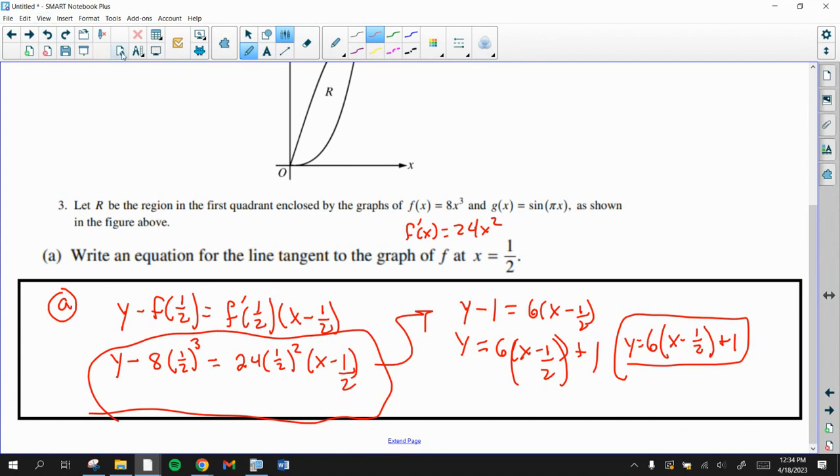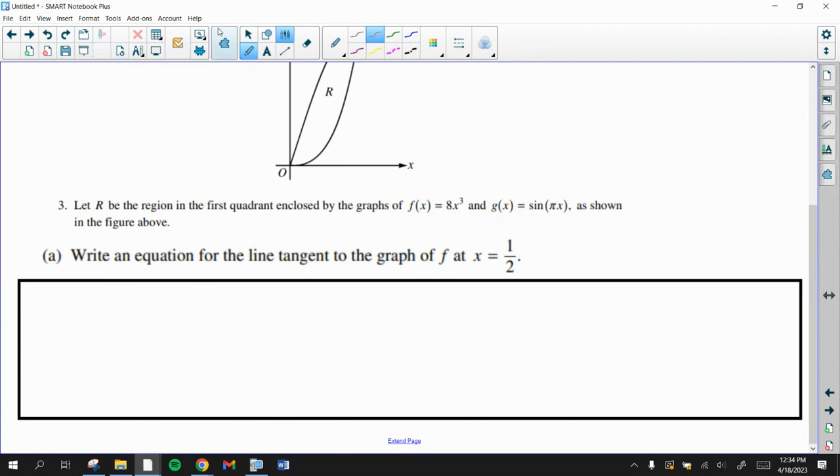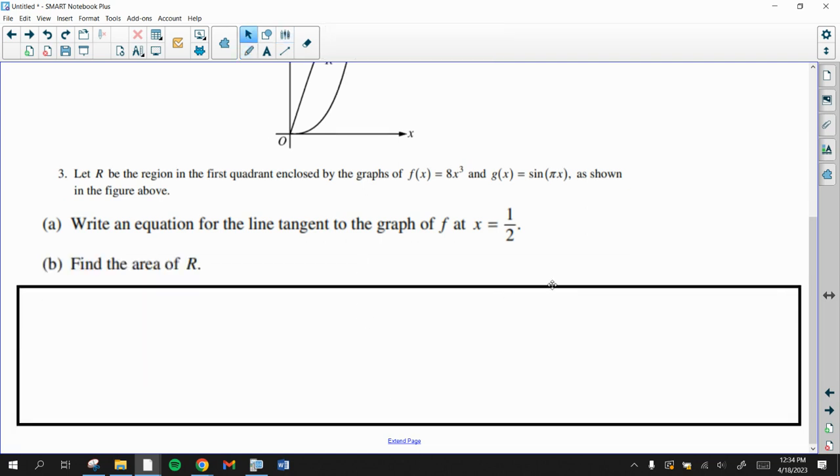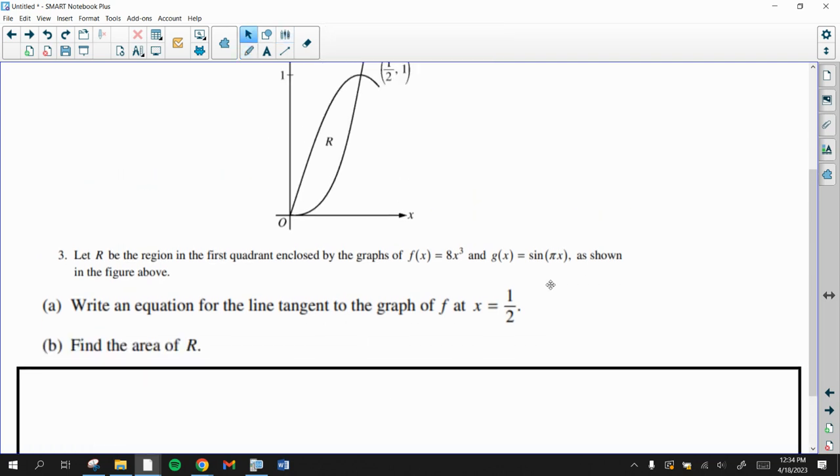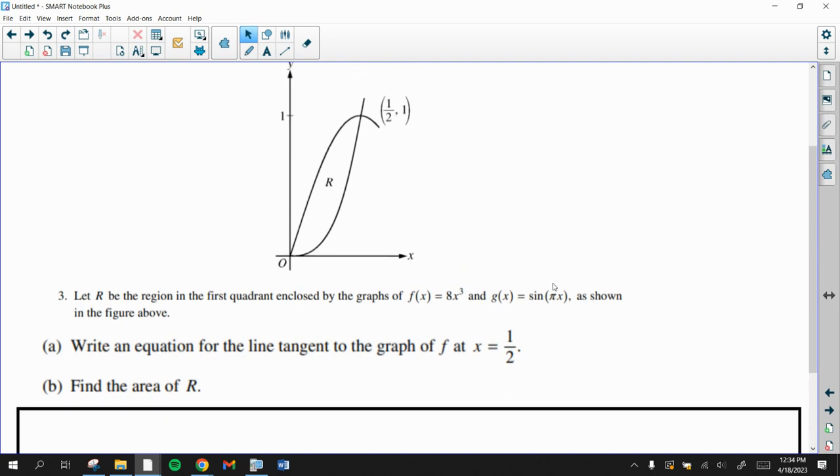Let's look at B. Area. Super easy. So the area of R would be, and this is a non-calculator question, so just be careful here, the top graph minus the bottom graph, and the integral, I'm doing it with respect to x, so from here to here.